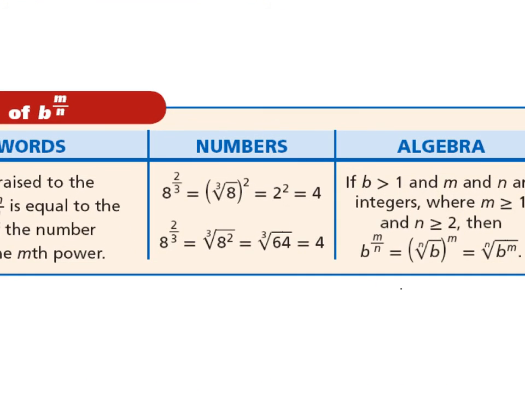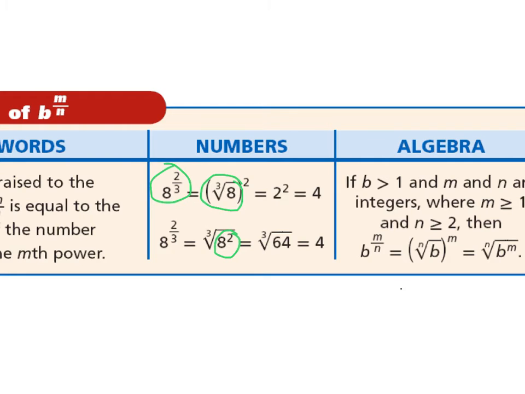So when we have 8 to the 2 over 3, we keep our index the same as the cubed root of 8, and then we just square that at the end. We could also do it the other way, and square the 8 in the beginning, and then take the cubed root of that answer, and we'd get the same thing.